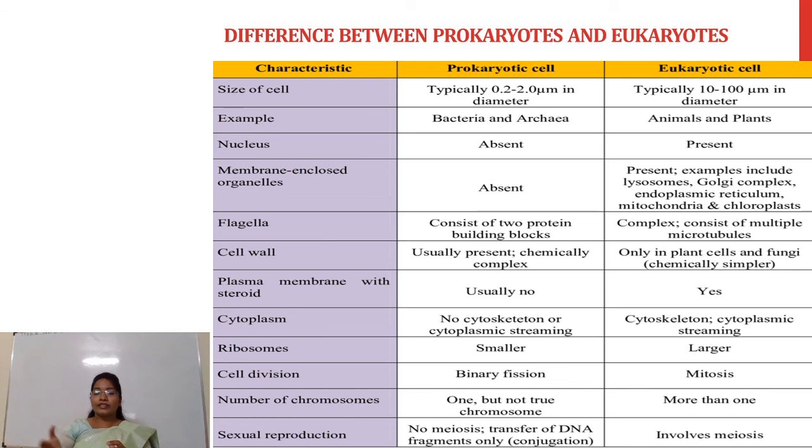In eukaryotic cell, there is a true sexual reproduction which involves meiosis. And in bacteria or prokaryotic cell, there is no meiosis. So these are certain important differences between prokaryotes and eukaryotes.